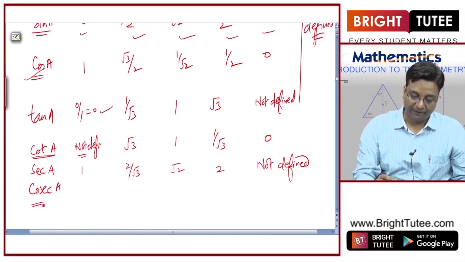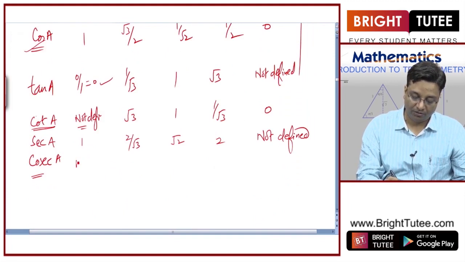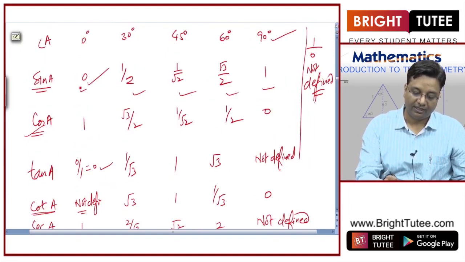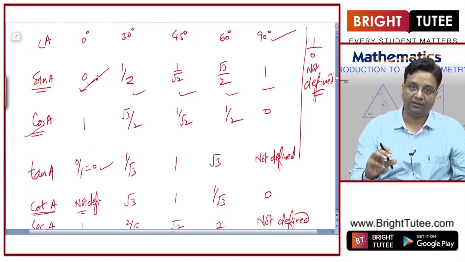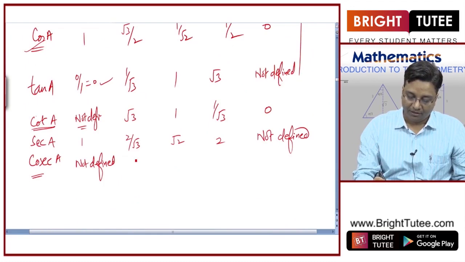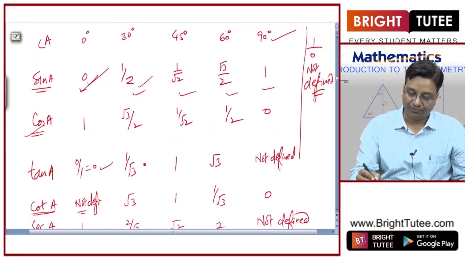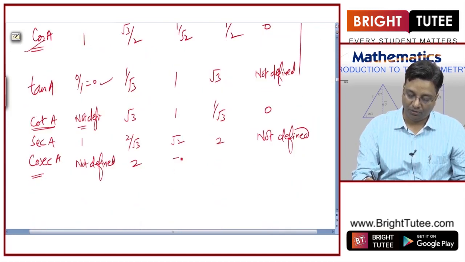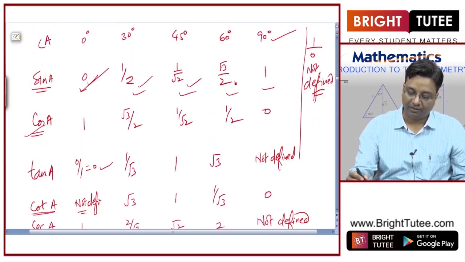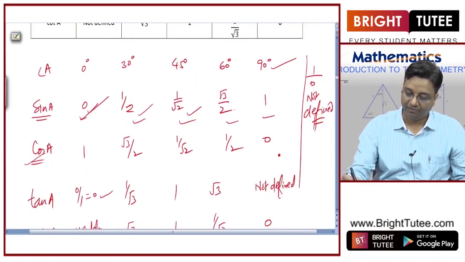Let's talk about cosecant. Cosecant is not defined at 0, so not defined. Reciprocal of 0, 1 by 0 is not defined, right? And reciprocal of this 1 by 2 is 2. This will become root 2. This will become 2 by root 3. And this will become 1.